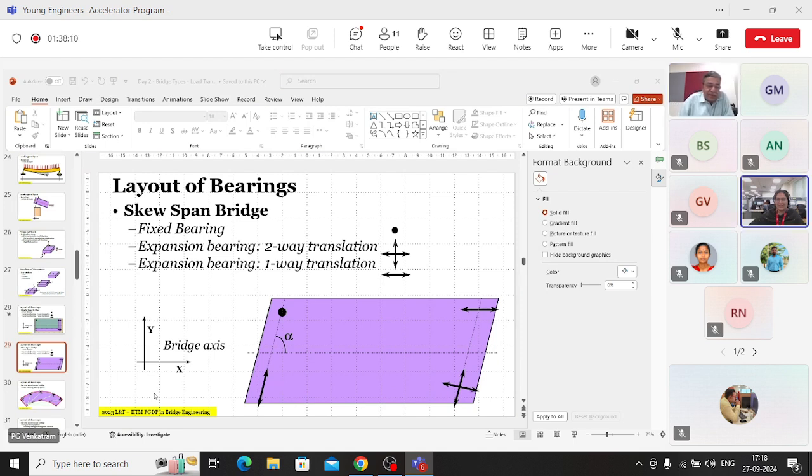Yes, sir. There will be stresses. Why? The line of guidance, that articulation. Okay. If the line of expansion is not matched with that guided line of the bearing, it will cause some stress.